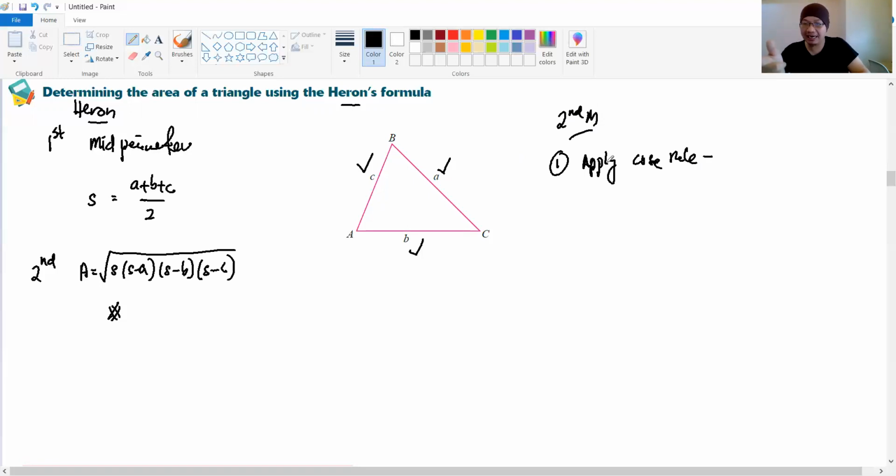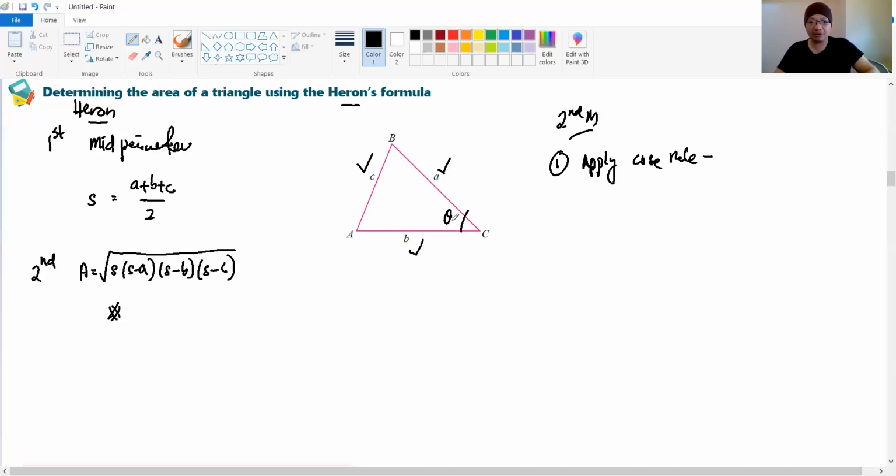Because we already learned on the previous video regarding the second case of the Cos Rule, right? We can identify one of the angles inside the triangle. Let's say by applying the Cos Rule, we can find the angle of C here. Let C become the subject and we apply the Cos formula. Please refer to the previous video on how we determine this angle.